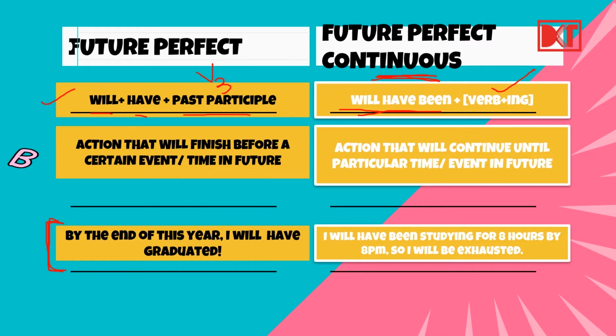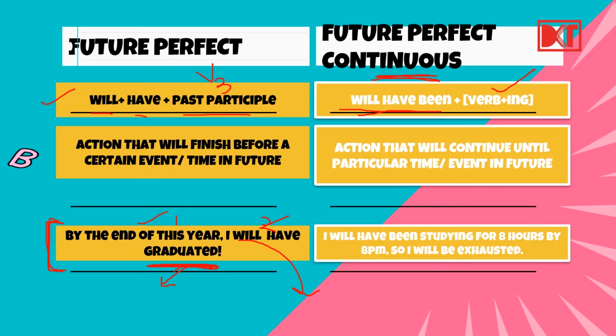Now, end of the year, and I will have graduated. First action, second action. Which action will take place first? First, I will graduate. Okay, this will happen first, and then by the end of this year, this will happen next.